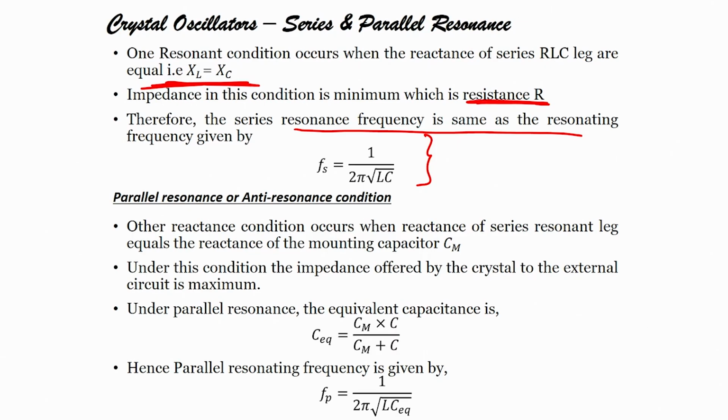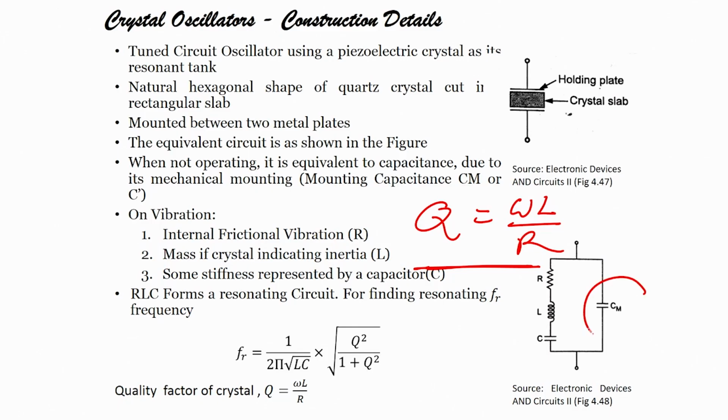Okay. Now, what if a parallel resonance or anti-resonance condition occurs? What does that mean? It is the other reactance condition, which occurs when the reactance of the series resonant leg equals the reactance of the mounting capacitor Cm. There is a mounting capacitor Cm, and when resonance starts, XL will be equal to XC.